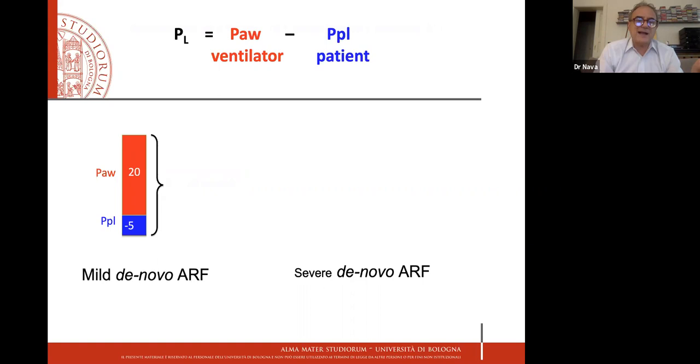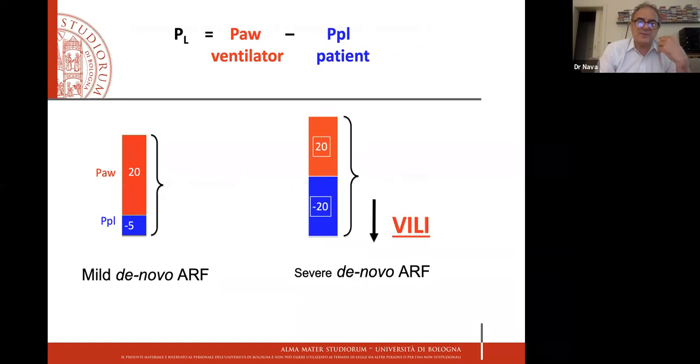So in mild de novo acute respiratory failure, when you apply, for example, a pressure of 20 with a ventilator, it is quite likely that you develop a pressure of -5 with your inspiratory muscle. So your transpulmonary pressure is around 25.